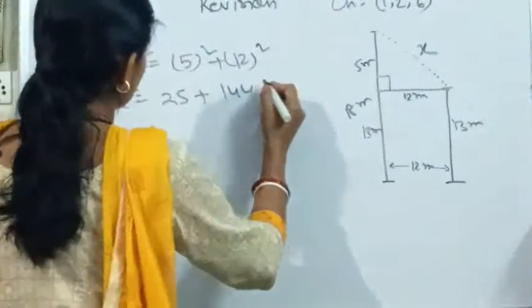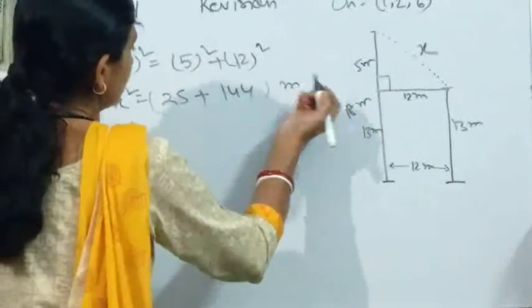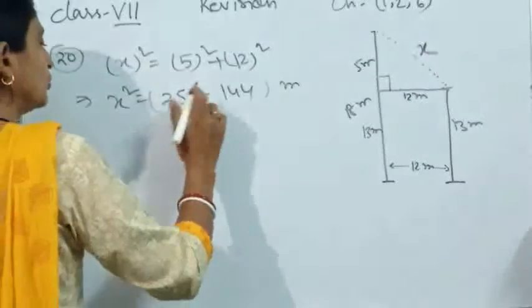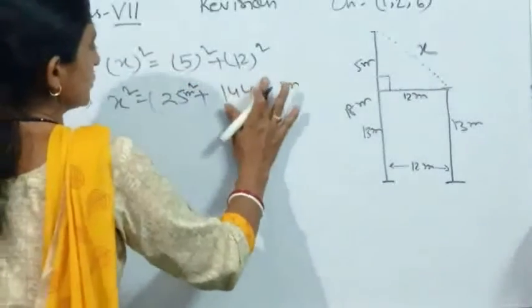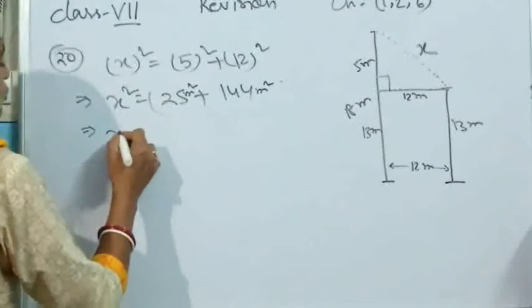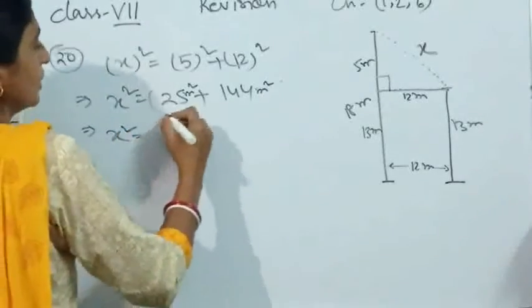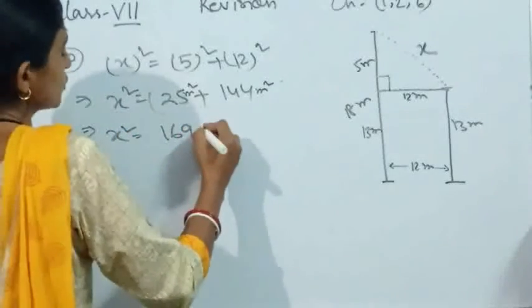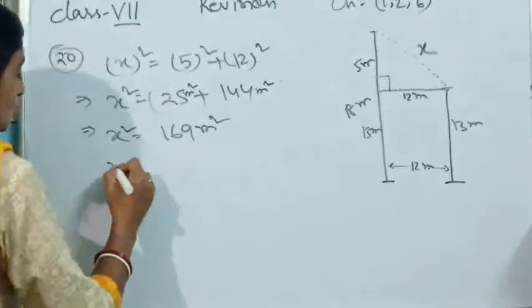As it is given in meter, we can write meter here. Both of them are meter, so it will be meter square, as we are going for the square of the same unit. So x square, after adding, we are getting 169 meter square. So x will be how much?